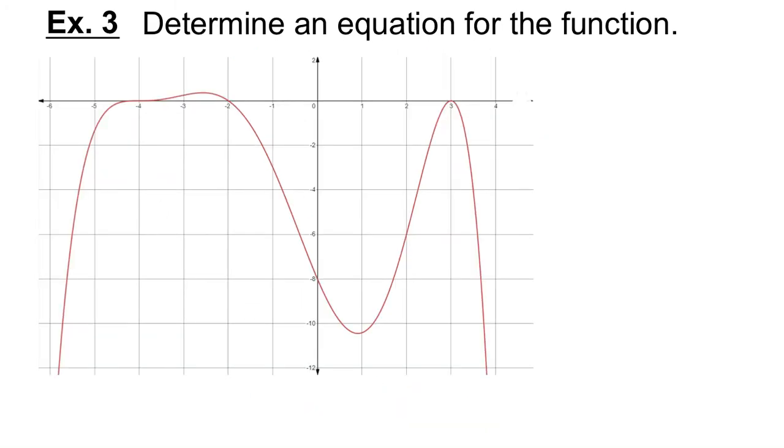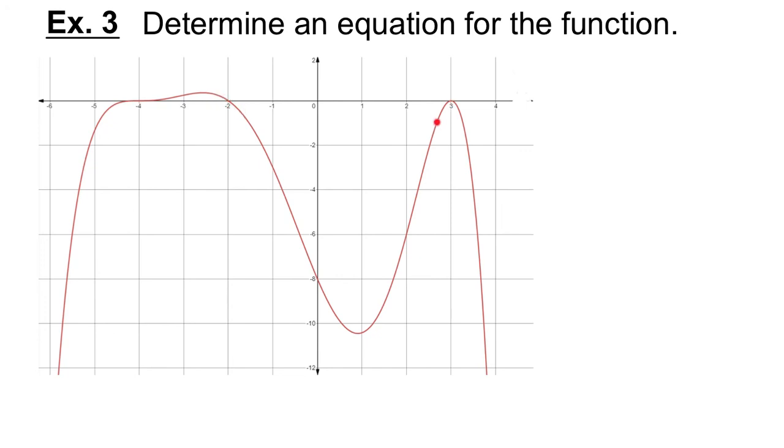And this is my very last example for this lesson. We're going to do the same thing as the previous one. Determine an equation for this function. So notice the x-intercept here. There's a little bit of a turn in the function. It doesn't go straight through. This one goes straight through.